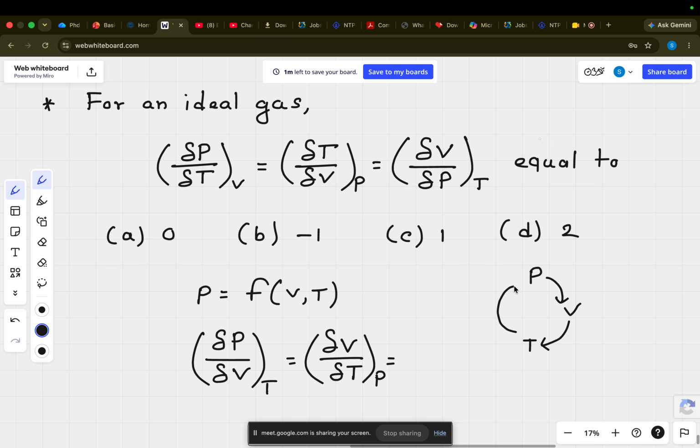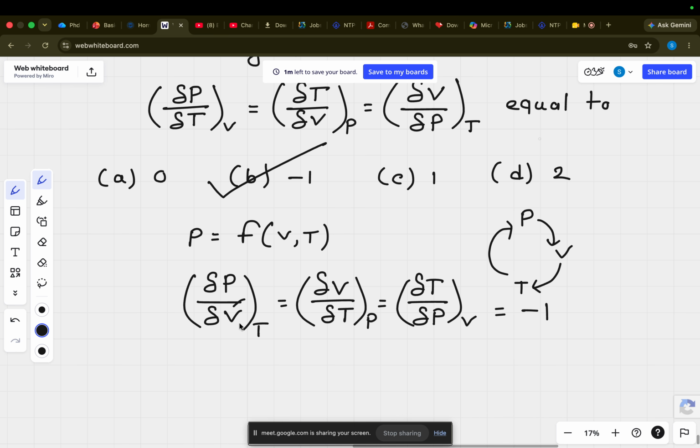Next we move from temperature to pressure, so I get del T by del P at constant volume. All things cancel out, and by the cyclic rule the value is -1. So if we apply the cyclic rule here, you will get the value -1 only. Fine? Yes, sir. Okay, fine. So that's it.